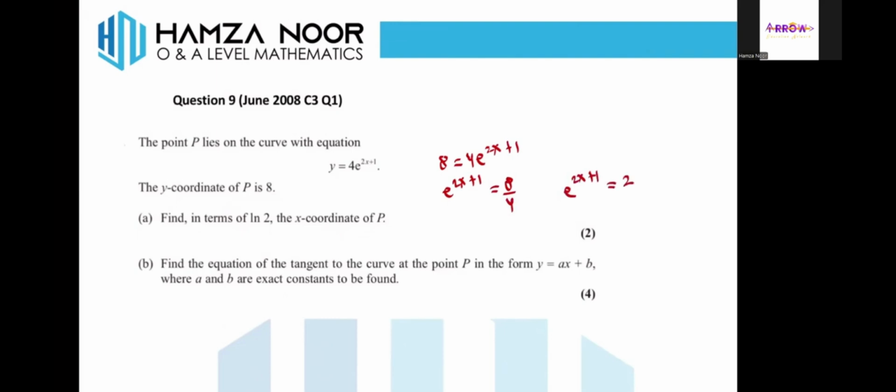Okay, so now I can take ln on both sides. I can do this, or I can just convert this basic index form into a logarithmic form. Since you are studying in P2 that when you have a basic index form y equals a raised to the power of x, a is the base of the index form.